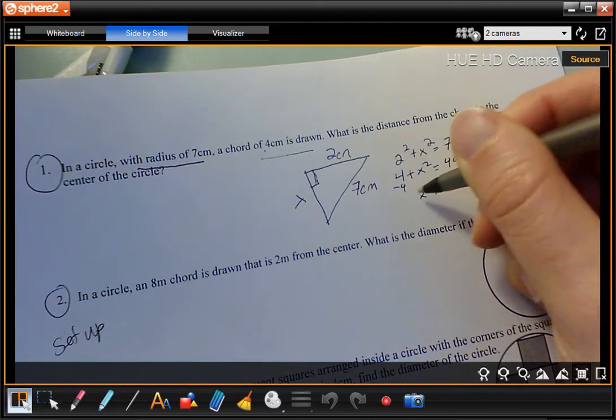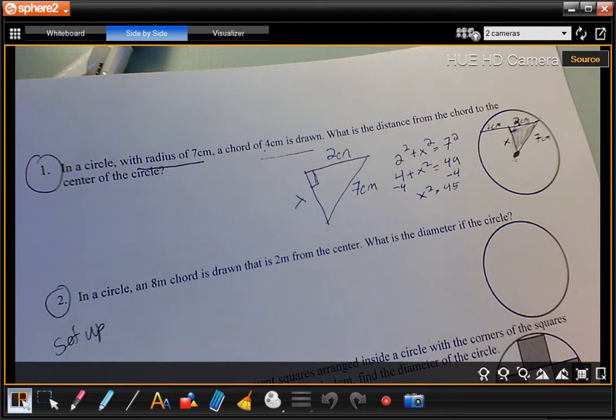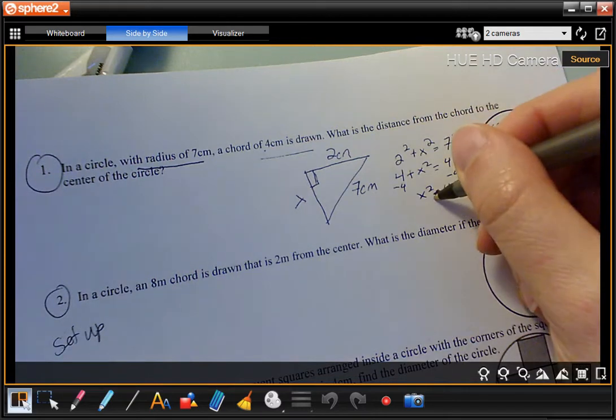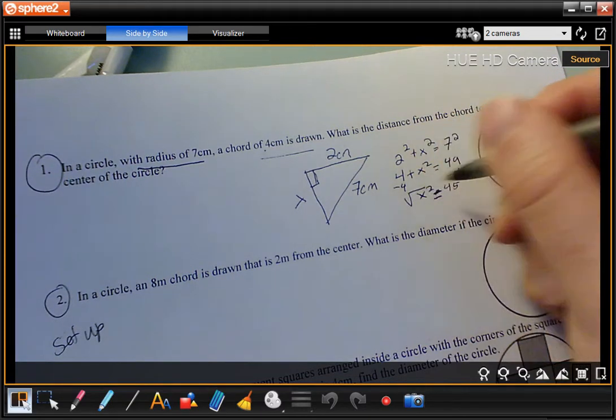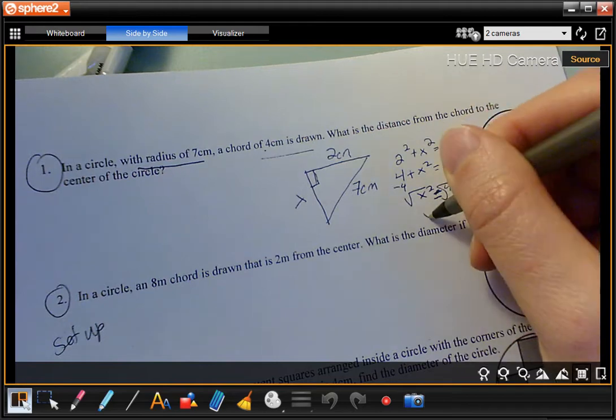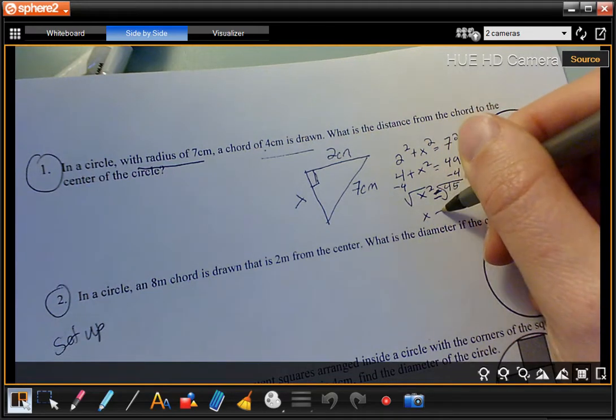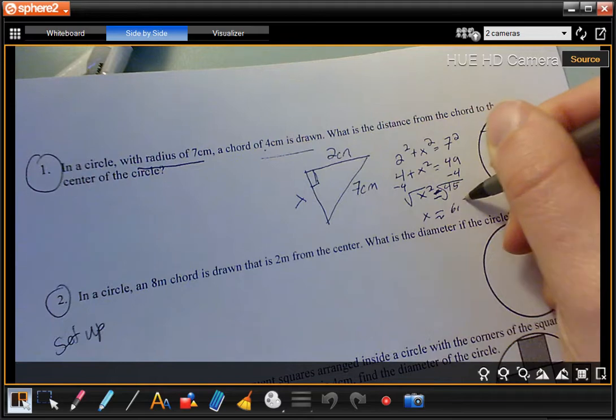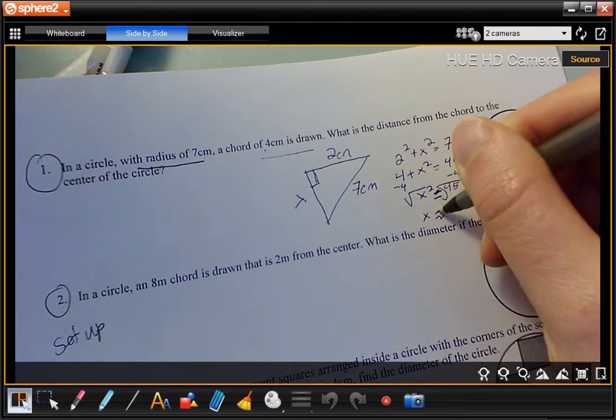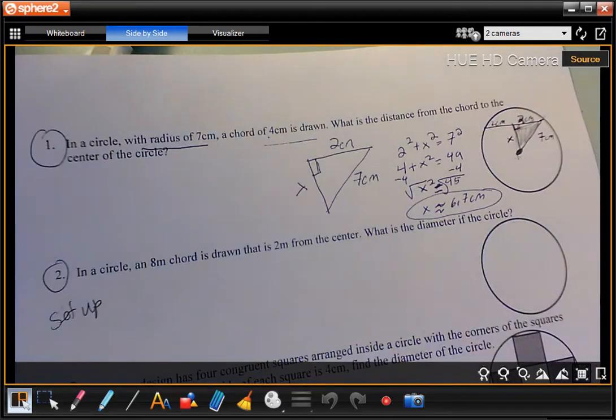Last step, how do I get rid of that x squared? I'm going to take the square root of both sides. So x is approximately 6.7 centimeters. Okay, don't forget your centimeters.